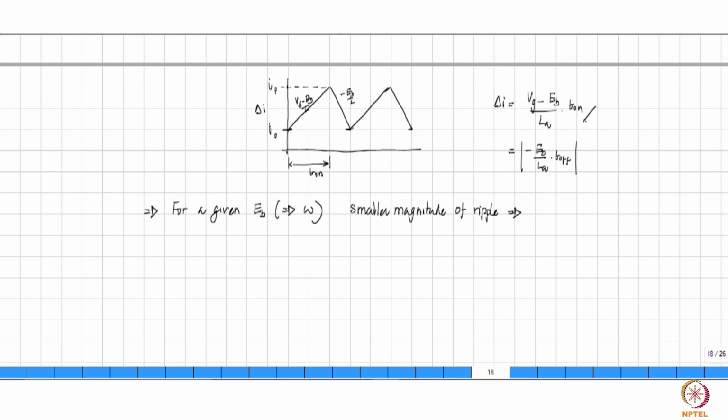If you look at this expression, either you have to decrease T on or increase LA. That is the simplest thing. So you can choose to do either of them. Either you can choose to decrease T on or you can increase LA.